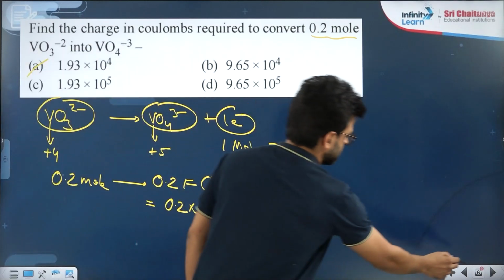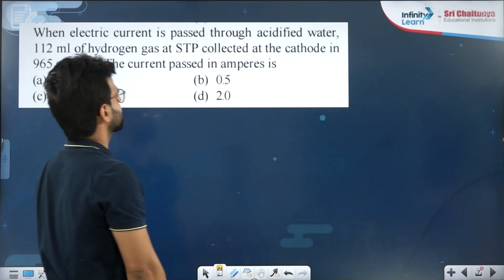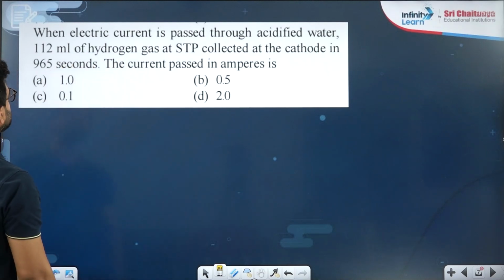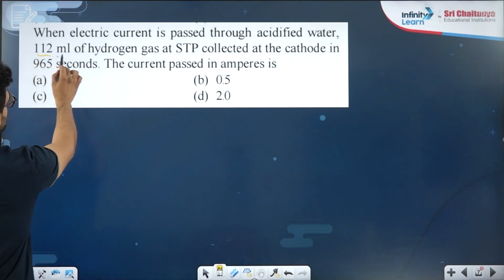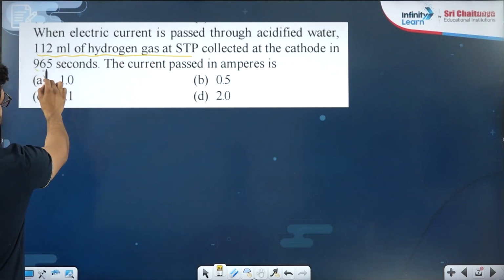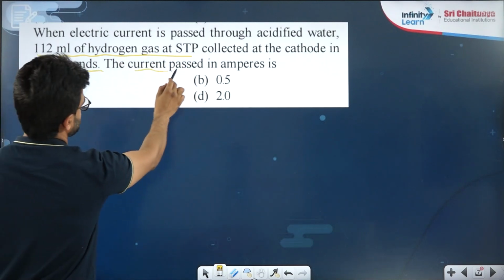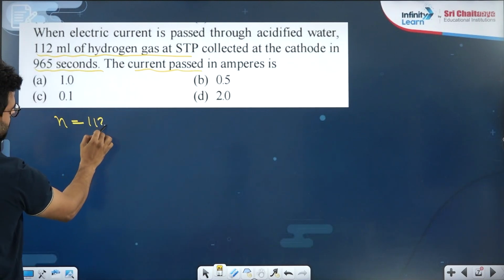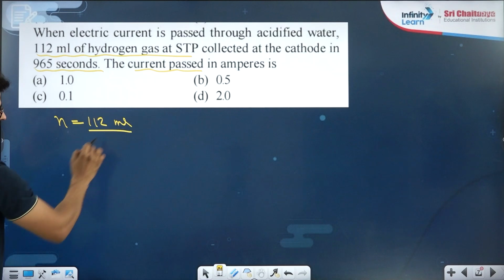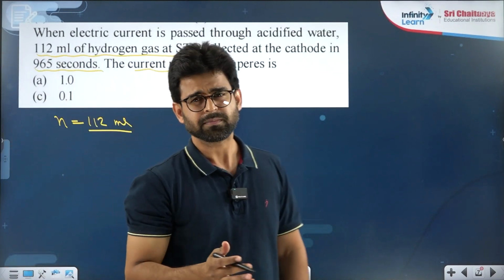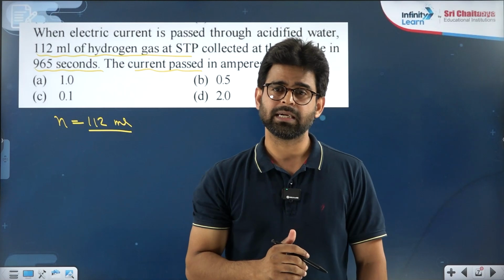Now, next: when electric current is passed through acidified water, 112 ml of hydrogen gas at STP is collected. Time is given, they're asking for current. So first let us understand 112 ml of hydrogen gas at NTP or STP. Can we get the moles from here?